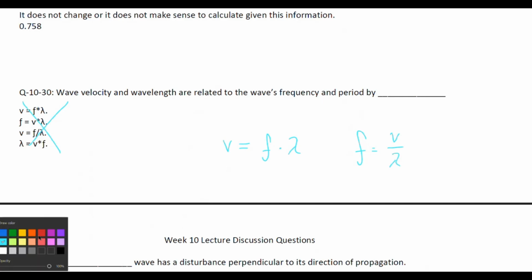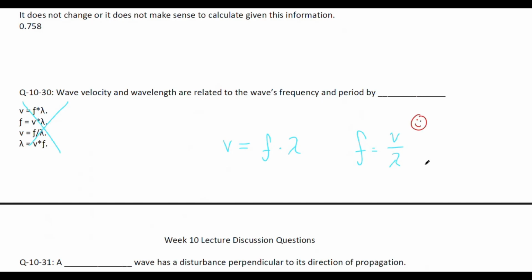And then remember, anything that's above the line tells the truth, and anything that's below the line lies to you. So if my velocity increases, then that means that my frequency will increase. If my velocity decreases, that means my frequency will also decrease.